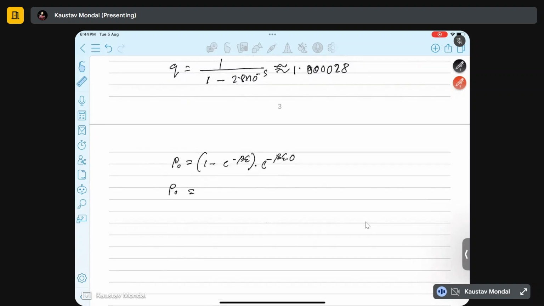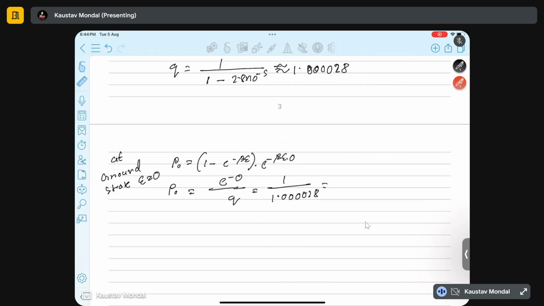So P0 would be simply e to the power minus beta E0 by q, right? So this is basically e to the power 0, because energy is 0 at ground state. So this is 1 by 1.004028.